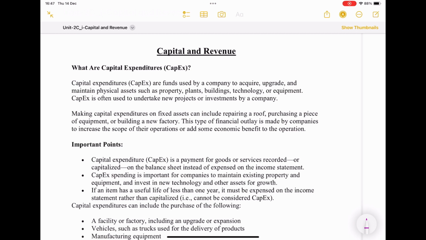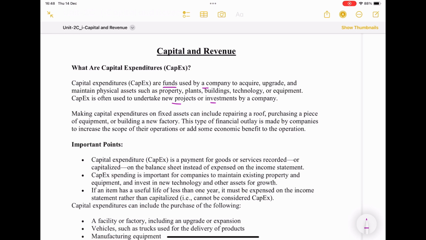Capital expenses are funds used by the company to acquire, upgrade and maintain physical assets such as property, plant, building, technology or equipment. Capital expenditure is often used to undertake a new project or investment by a company.